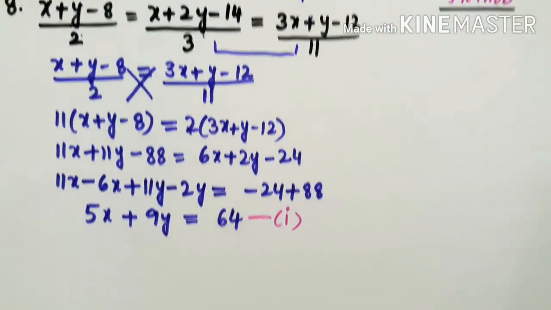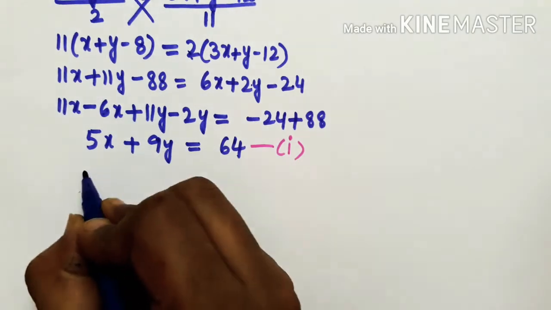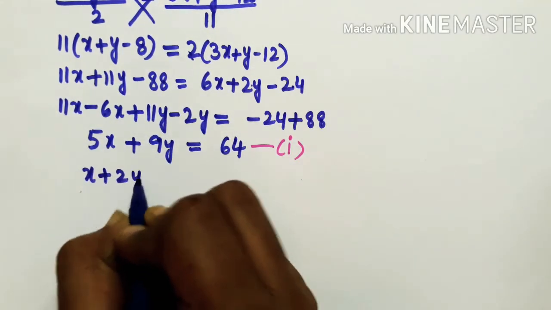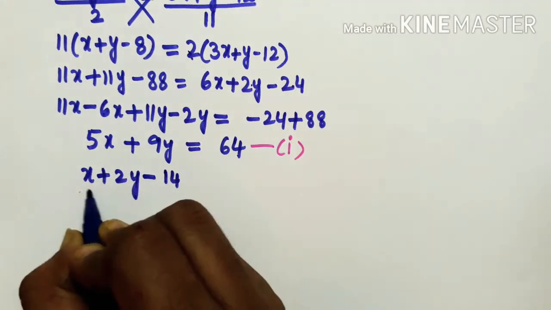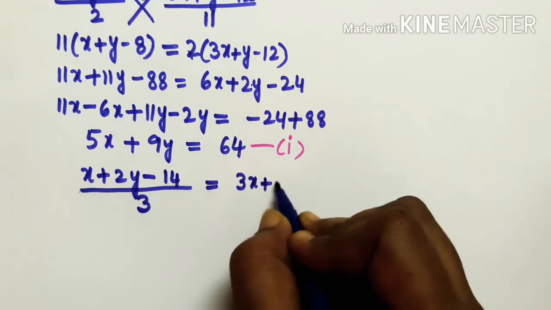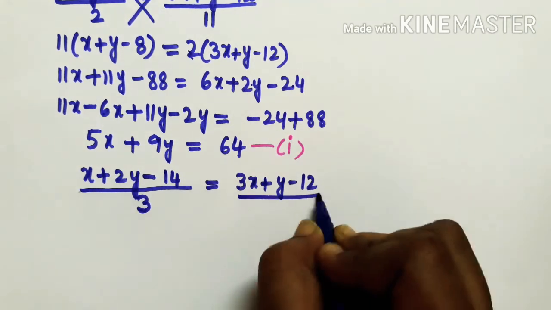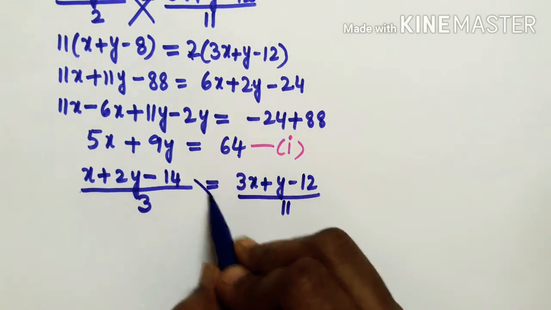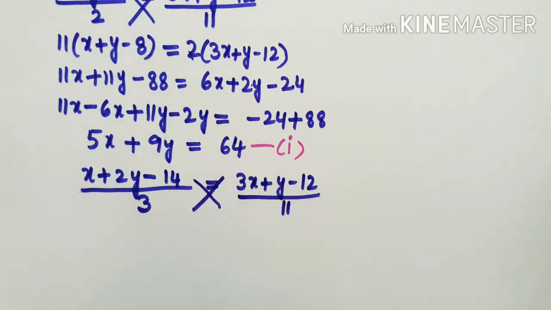So see here, (x plus 2y minus 14) divided by 3 equals (3x plus y minus 12) divided by 11. Once again cross multiplication.